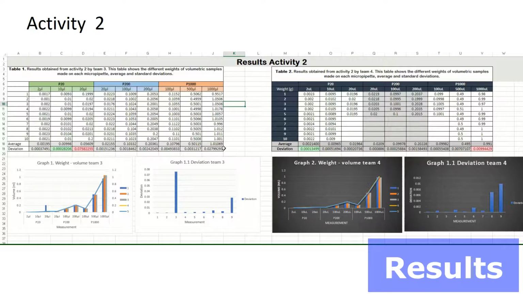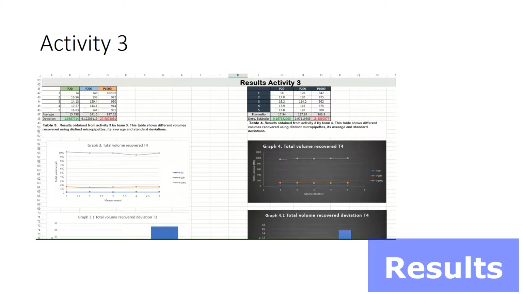And the second is the deviation, and here we can observe the places where the deviation gets higher than in others, which is also reported here with the green and red colors. In both tables and graphs we can see the same information, but obviously it differs as it was made by different teams.